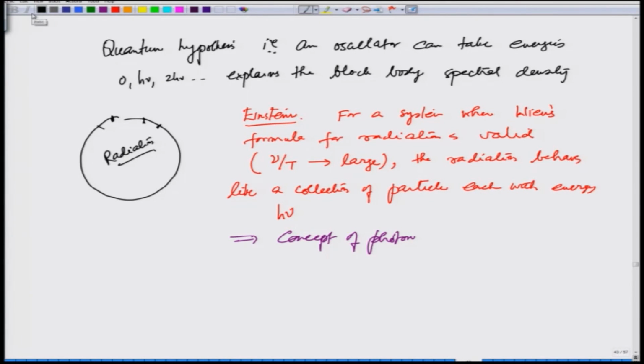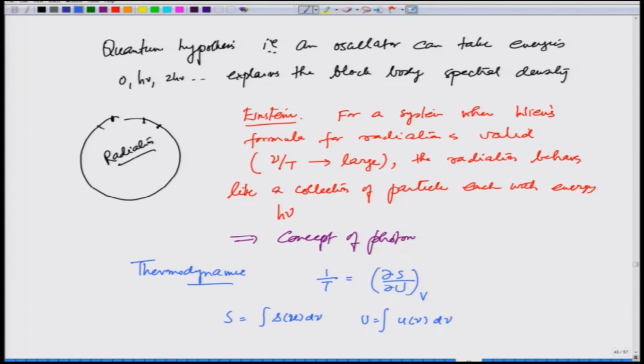We use a little bit of thermodynamics, right. Thermodynamics says that 1 over T is equal to dS by dU at constant volume. Now, what Einstein considers is that S is also made up of a spectral S nu d nu. There is a spectral distribution of the entropy, just like U is given by u nu d nu.